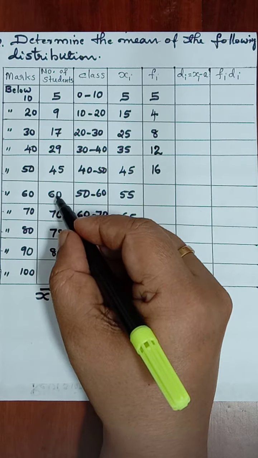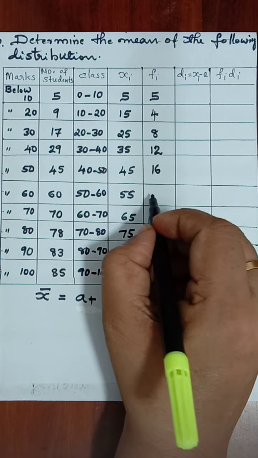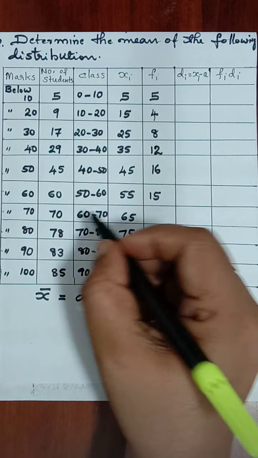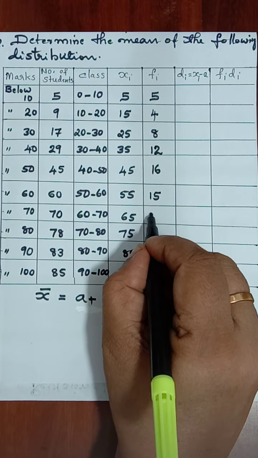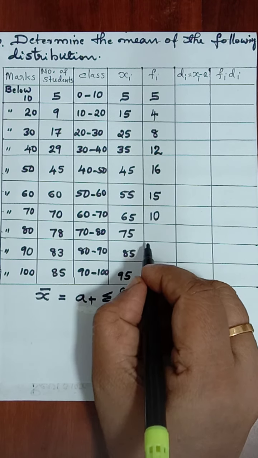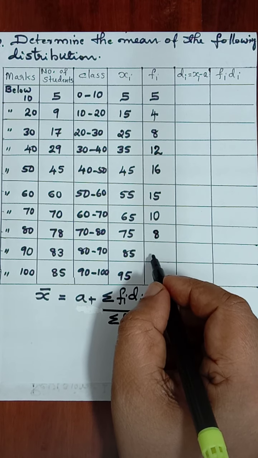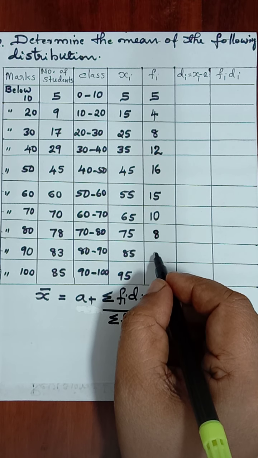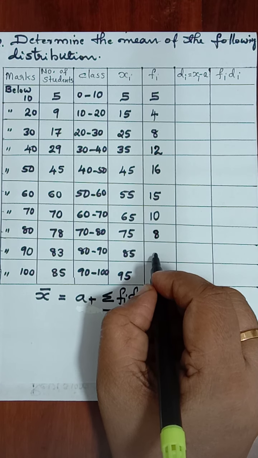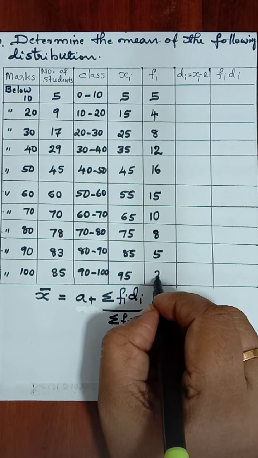Then comes 60 minus 45, so we are getting 15. 70 minus 60 is 10. 78 minus 70, 8. Then comes 83 minus 78, that becomes 5. Then 85 minus 83 is 2.